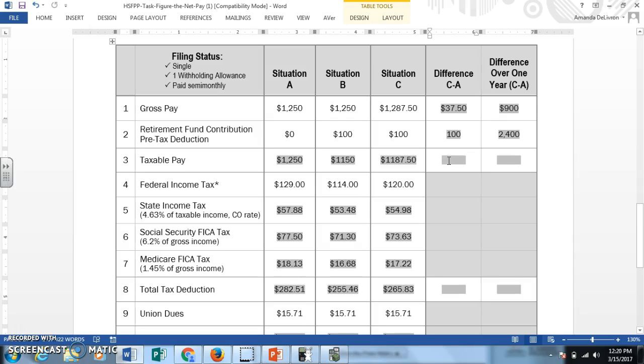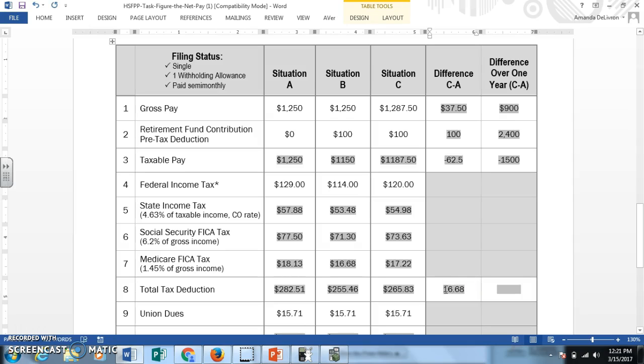You have a difference of negative $62.50. So that means there was a little bit more of taxable pay, and when you multiply that by 24, there is $1,500 more that you have for taxable pay. So even though you were making more money, you had less money that you had to pay taxes on because you took that deduction.